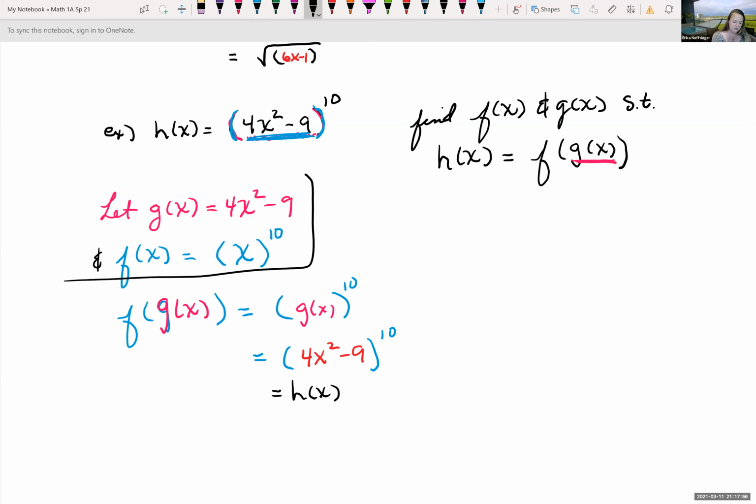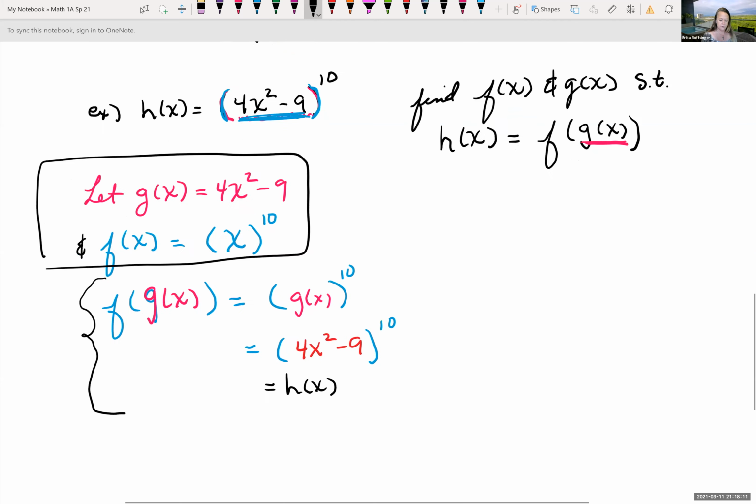So these are the two functions we needed to find. This other work right here is not necessary. I'm just showing you that we did choose the correct functions, that when we took the composition, we got back the original function.